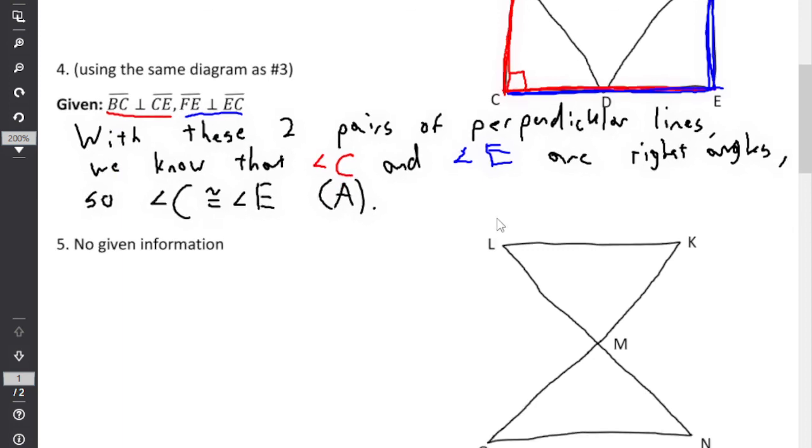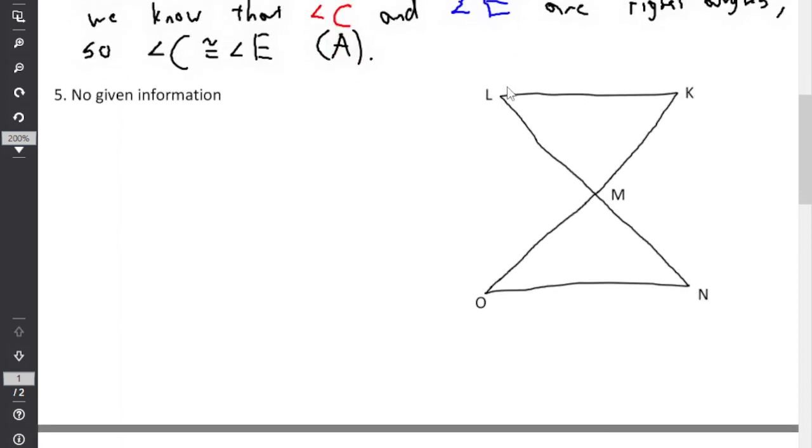Next one. This one's going to be easier. This one's going to go quicker. No given information. If it says no given information, that probably means that you need to use something from the diagram. So look in the diagram and see if you can spot anything. Either a pair of sides that you know and a pair of angles, or a pair of angles that you know.